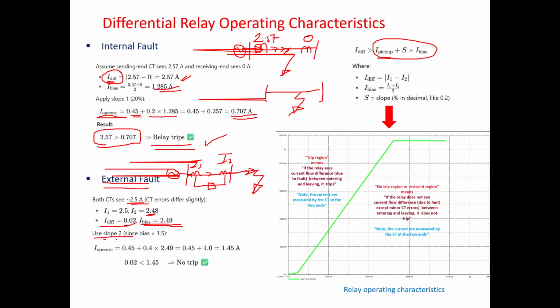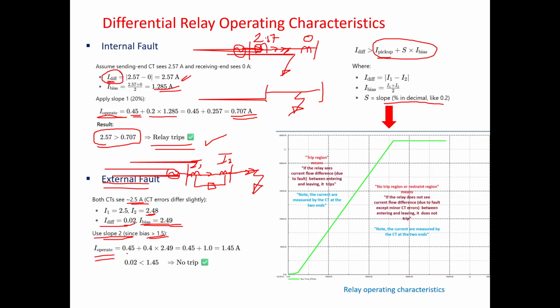On the slope, because this is for an external fault, we can increase the slope. So we need to calculate the operating current. Operating current is equal to the pickup current plus S times I bias, where S is the slope in decimal.